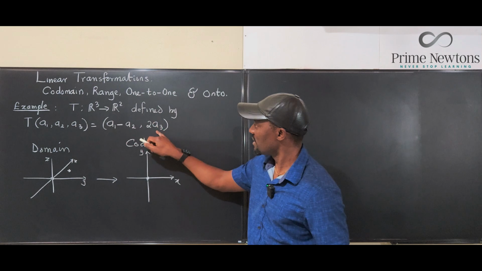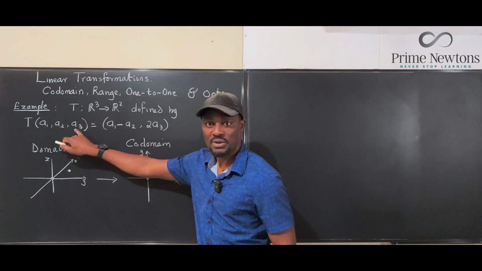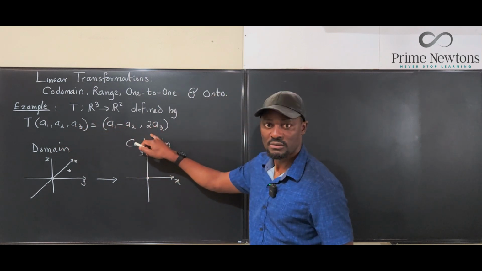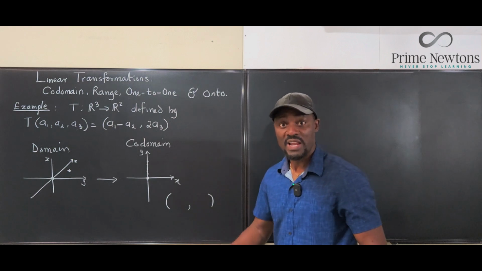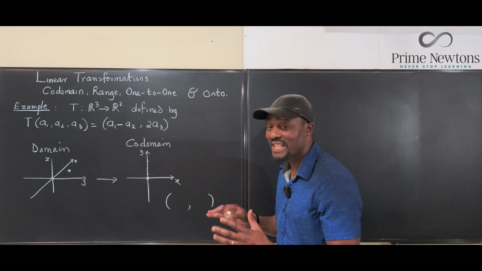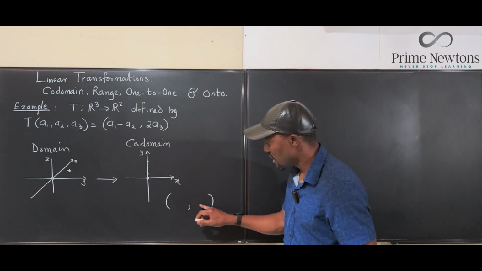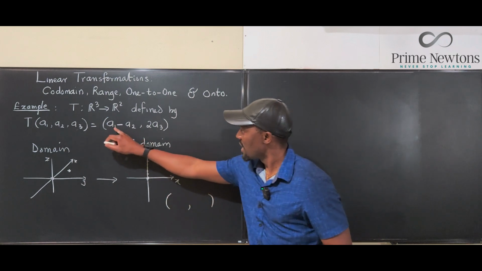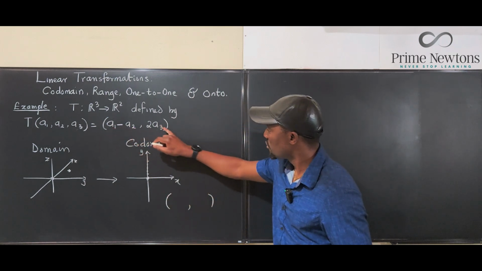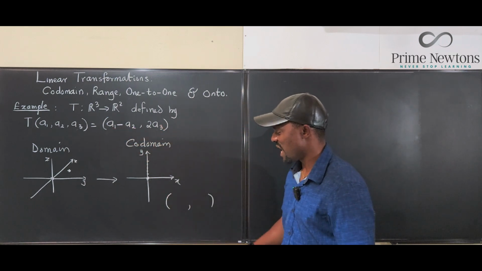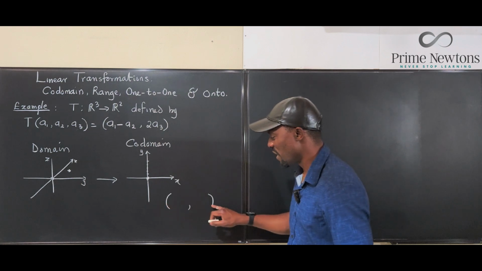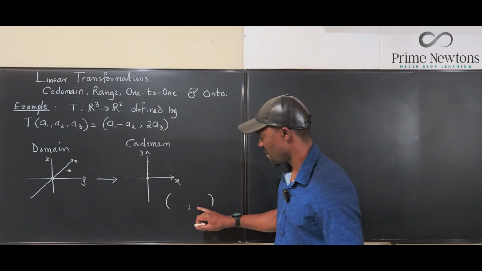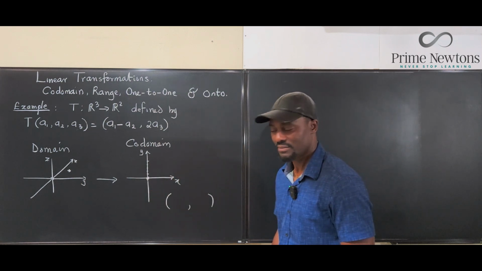And you're going to find this one by multiplying the third component by 2. So, what is the range? The range is the set of all vectors that look like this, a1 minus a2, 2 a3, which can be anything. In fact, every single number, every single point satisfies this condition.